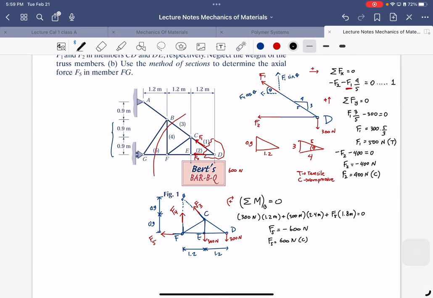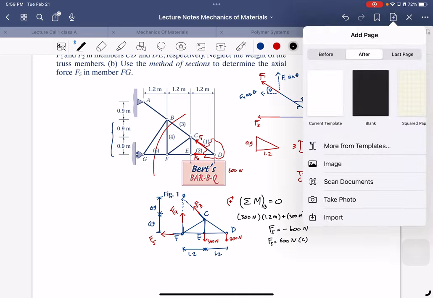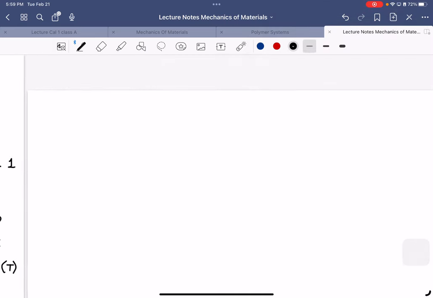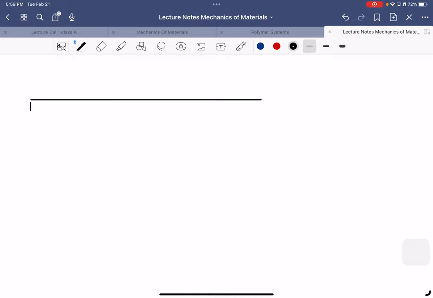Okay, let me give you one more, but this time let me write the question for you. I think we are not going to solve it today, but let me give you this question first, and then let me try to draw. So this is a pin connection there. Let's say this is A and this is B, this is C. It has a pin here.